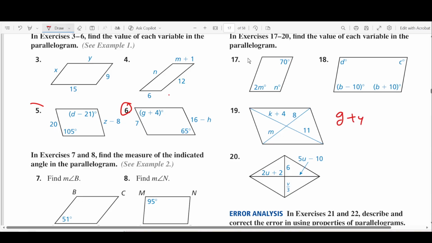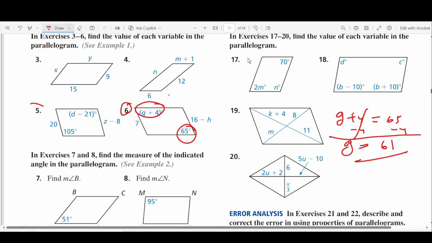Very good. Because this is minus 4, you need to add 4 to both sides, right? We always do the opposite. So this cancels out and 65 plus 4 is 69. So G is 69.